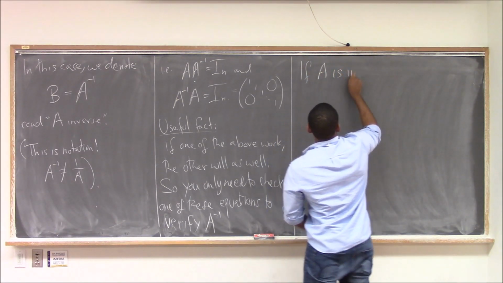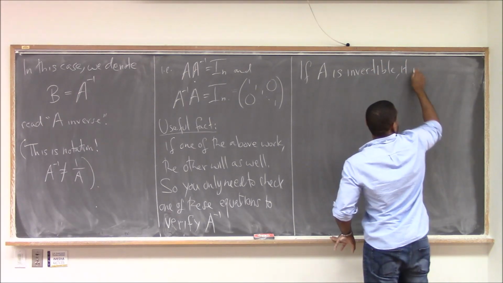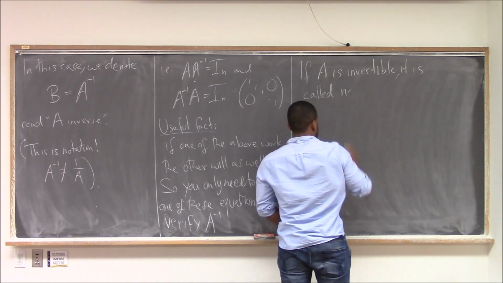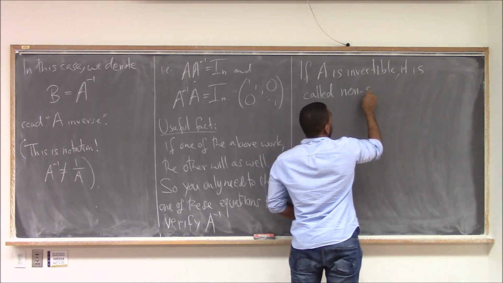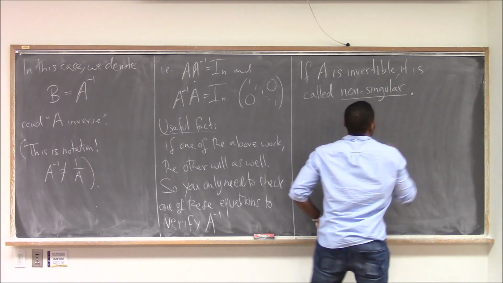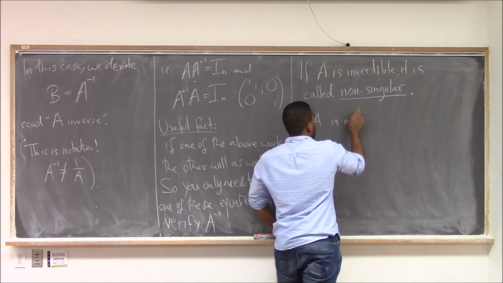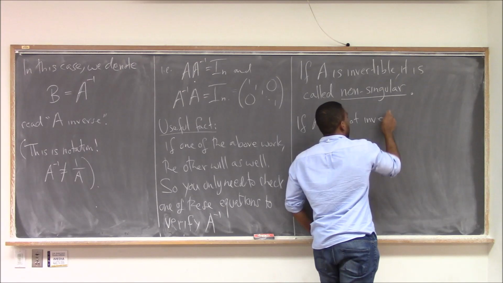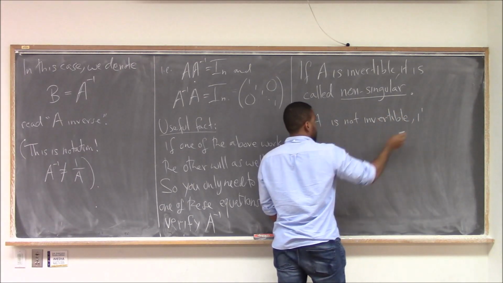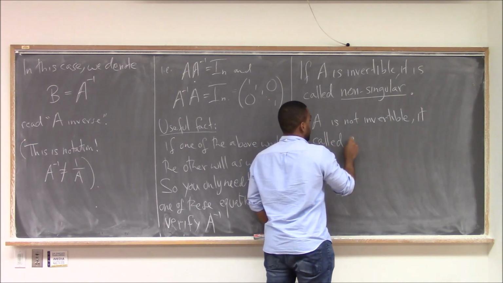If A is invertible, it is called non-singular. If A is not invertible, it is called singular.